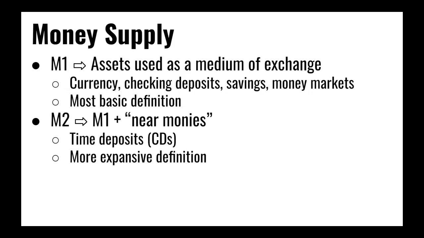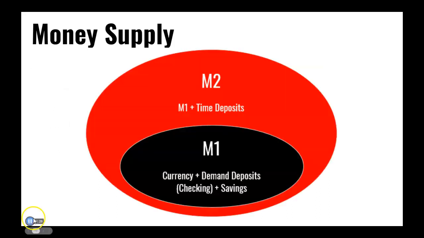I put my money in the bank, it's locked up for 6 months in a CD. I can't really access that money during the 6 months without having to pay a penalty. But when 6 months is over, I can take that money and it will be converted into either currency or to a checking account or a savings account. So M1 is the most basic definition. M2 is slightly more expansive.